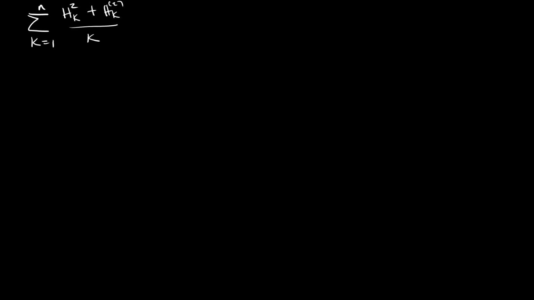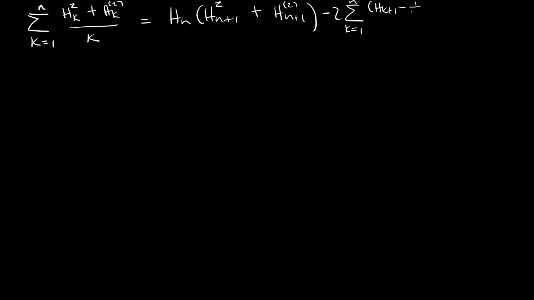And this we've said is equal to the harmonic of n in bracket n plus 1 squared plus n plus 1, that minus 2 times the summation from k equals 1 to n, open bracket, harmonic k plus 1 minus 1 over k plus 1 squared over k plus 1, plus harmonic k plus 1 minus 1 over k plus 1 over k plus 1 squared.